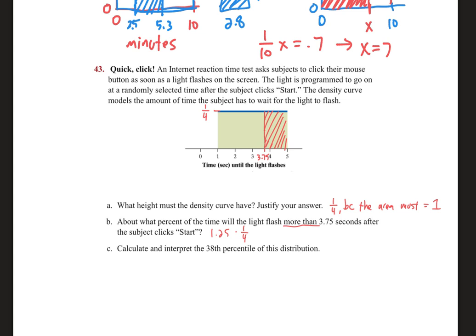Let me get a calculator. 1.25 times 1/4 is 0.3125. That could be the answer, but they specifically asked for a percent, so maybe we'll write it as a percent.